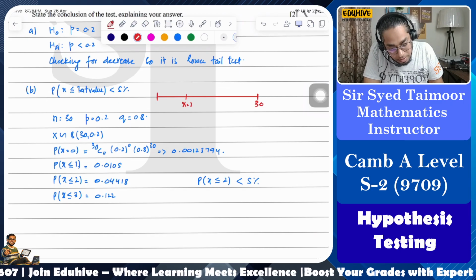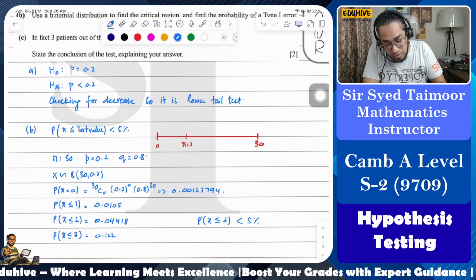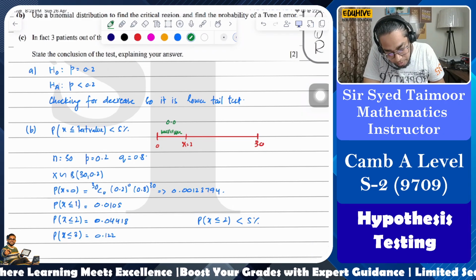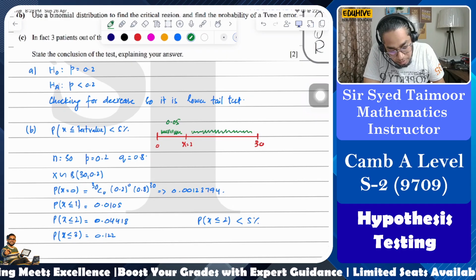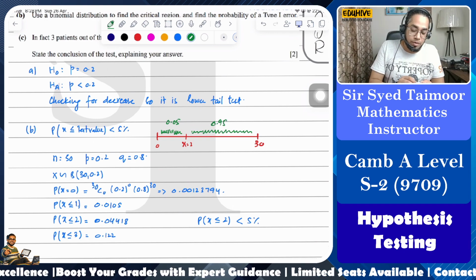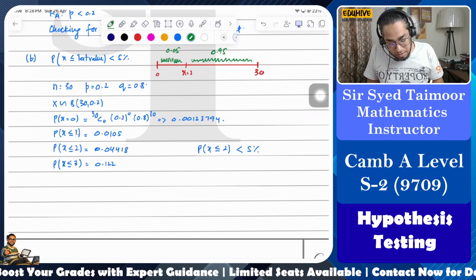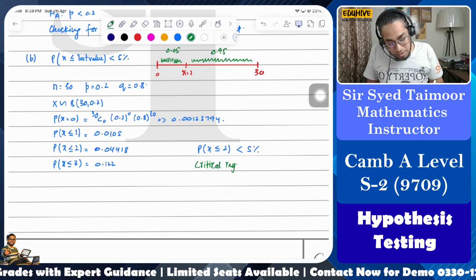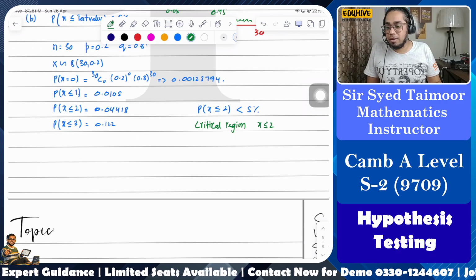This area has a probability of 0.05, and this area has a probability of 0.95. When we write the critical region, we say that x is less than or equal to 2. Okay, beta, fine.